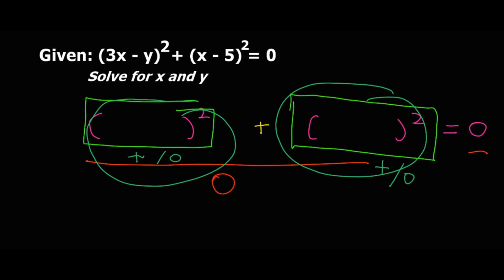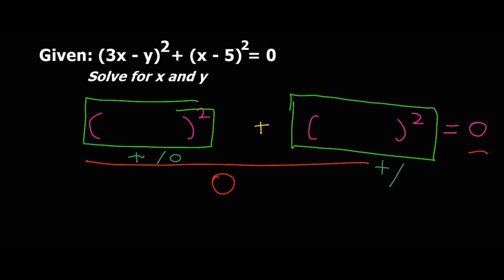So it's obvious it must be 0 and 0, because let's say if we substitute here with any positive number, this part becomes positive and this part becomes positive, in case this is 1 and this is also 1, it means this is going to be 1 plus 1, which gives you 2, and 2 is not equal to 0.